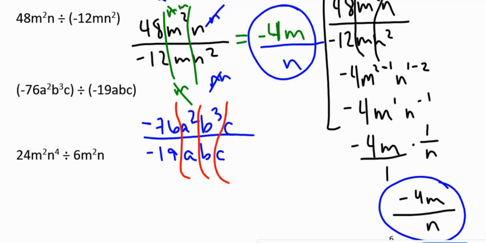So I have a negative 76 divided by negative 19. That would give me a positive 4. Here I have a squared over a, which would give me a. B cubed over b would give me b squared. And c divided by c, we can just cancel those. So those completely cancel, so we don't have to put it in our final expression here. So I have 4ab squared.